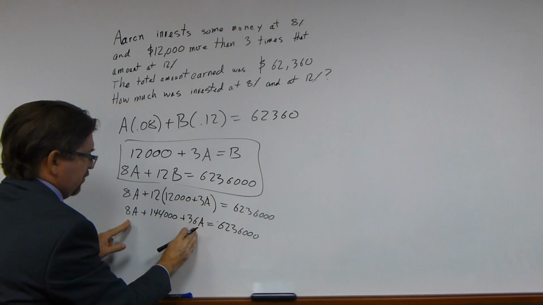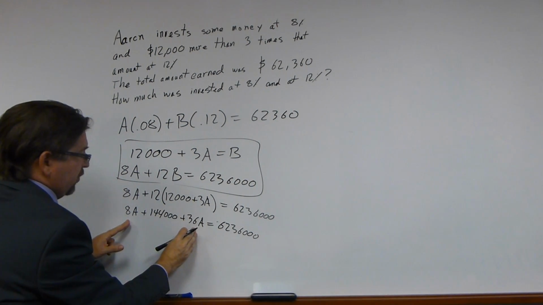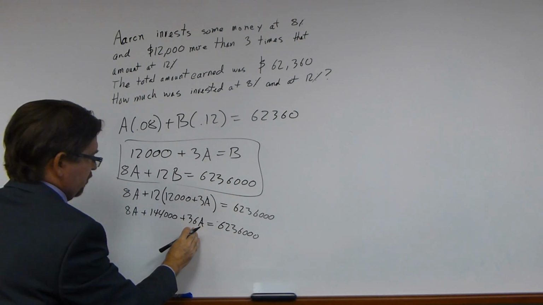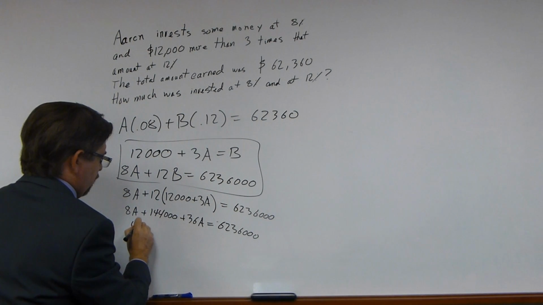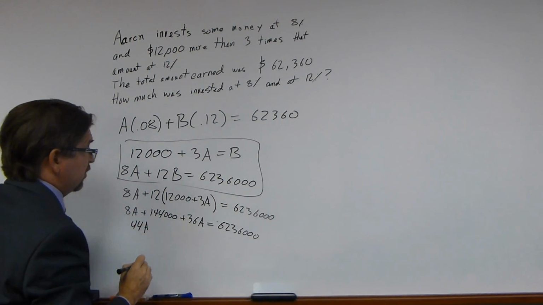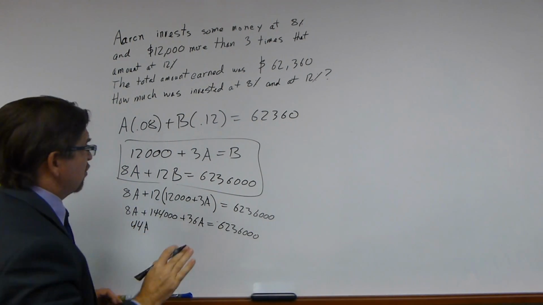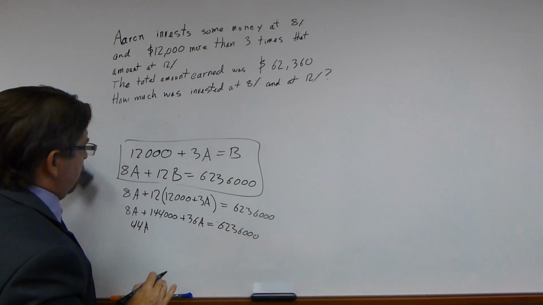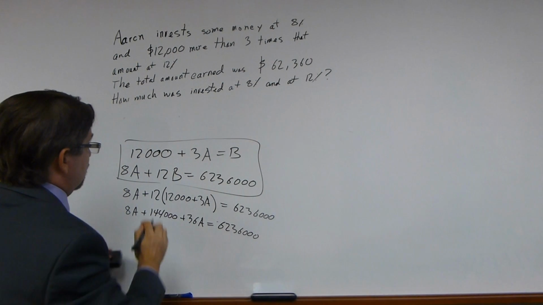8a plus 36a. Like terms, we can add them. 8 plus 36 gives me 44a. Can you guys see that? I'm not sure you can. I'm going to erase this and start writing up here, just so you can see.